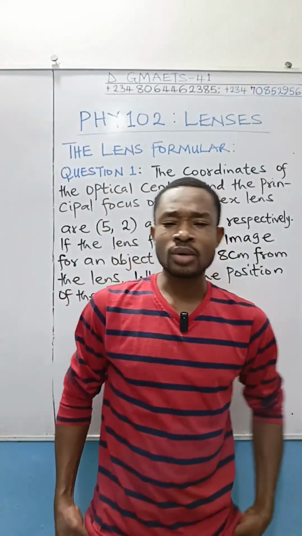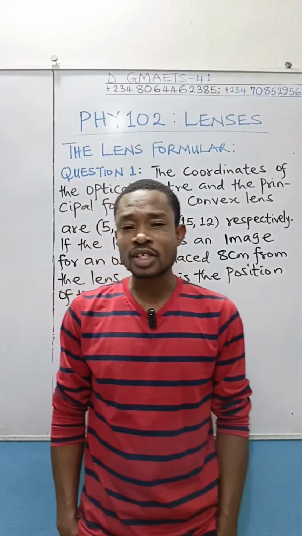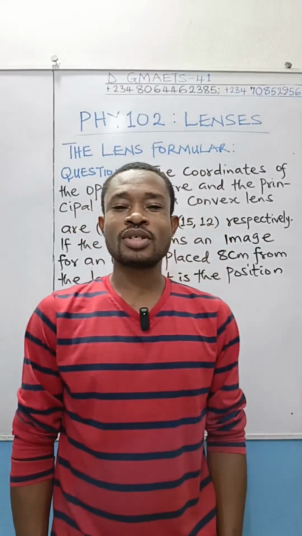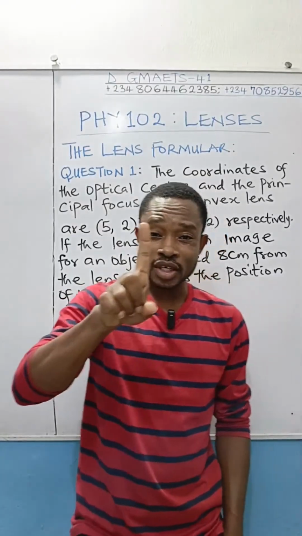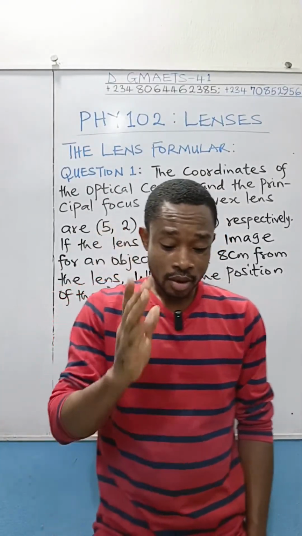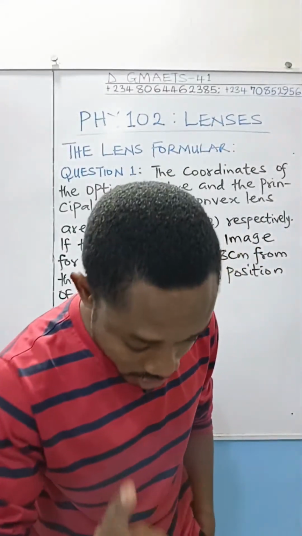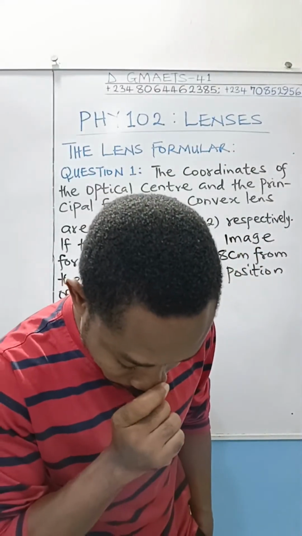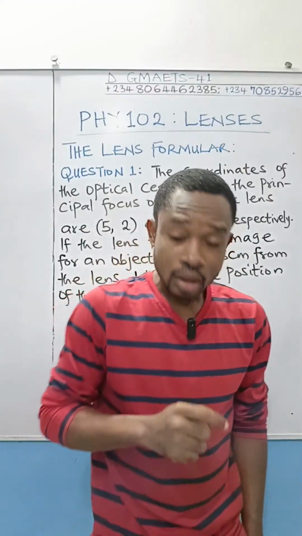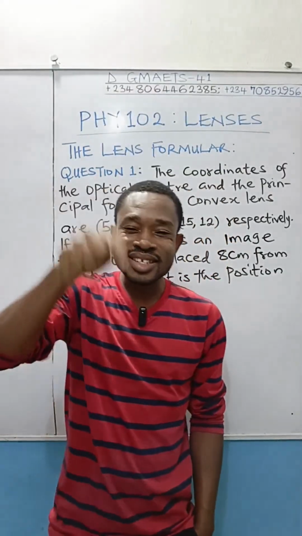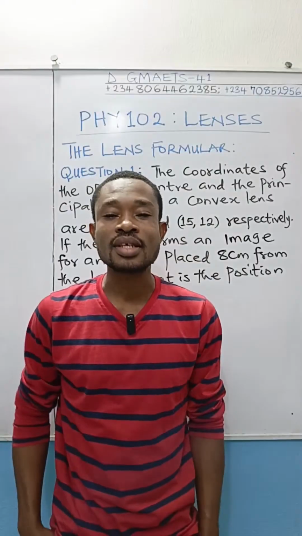Now let us talk about the optical center. In one word, what is the optical center? Please, make sure you follow along. What we are doing here is for your good. Are you following? The optical center of a lens, what is it?